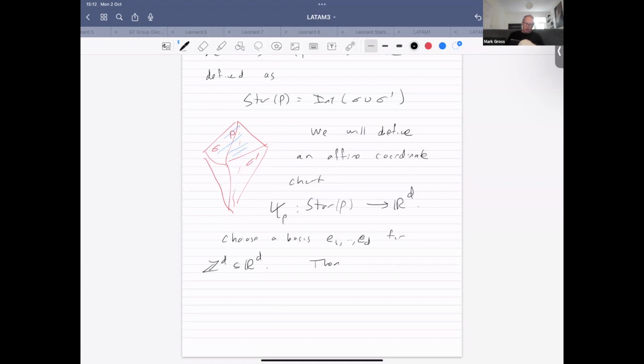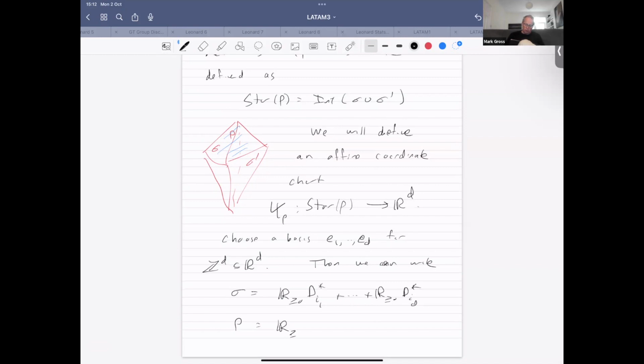Then also write the cone sigma as some summation, r greater equal to 0 times d_i1 star plus dot dot dot plus r greater equal to 0 times d_id star. We have d cones. And let's take the first d minus 1 of these to be generators for rho.